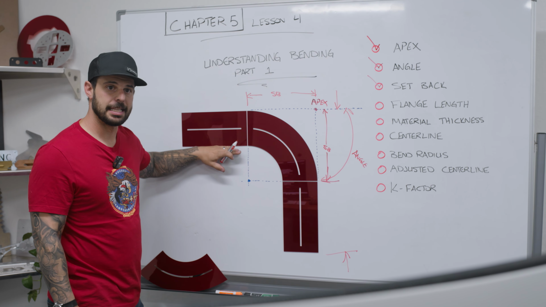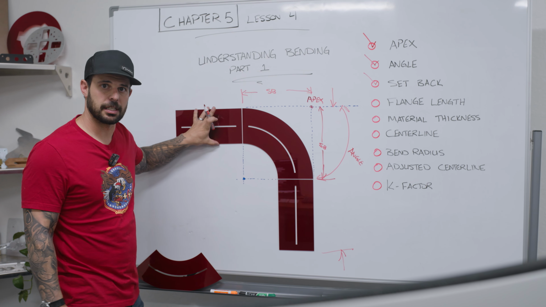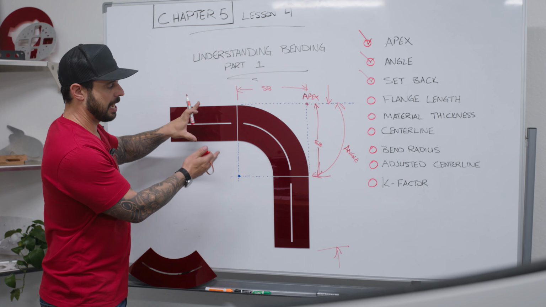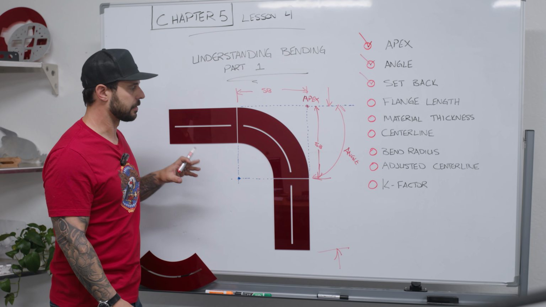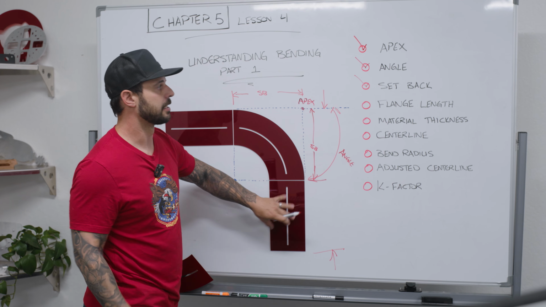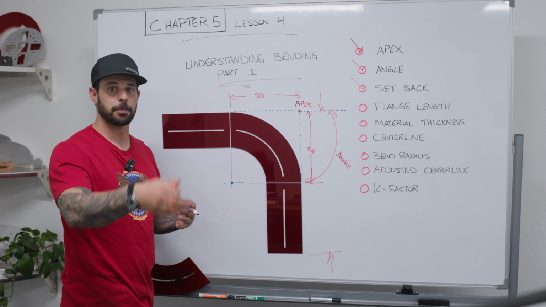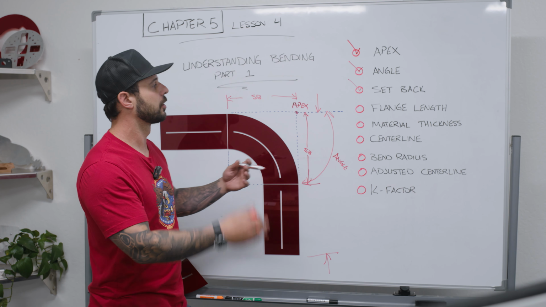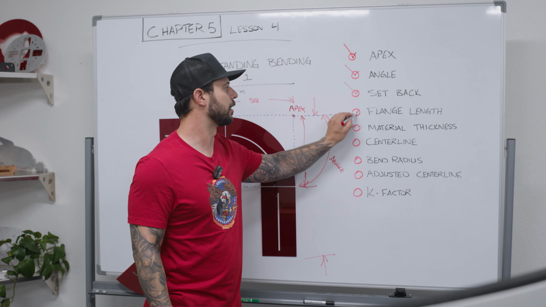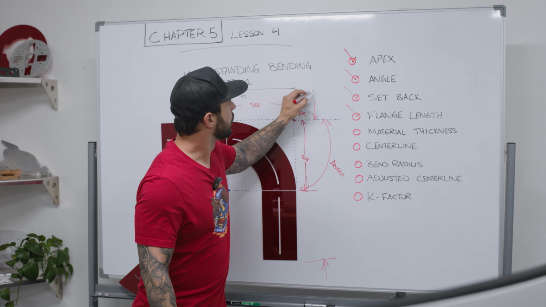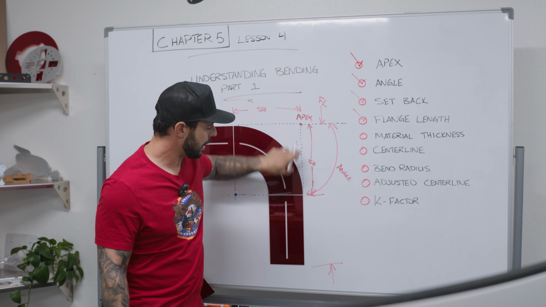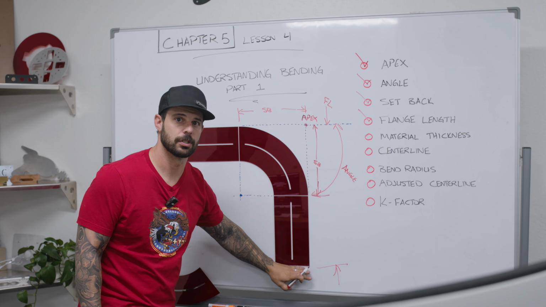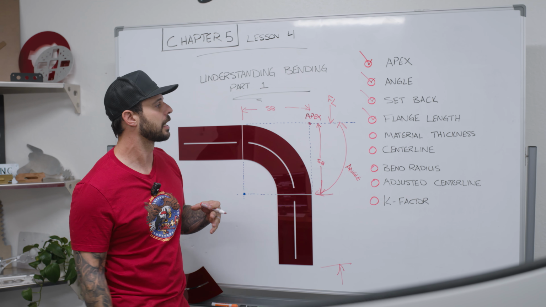If we measure it from the inside of our flange, we're going to have material thickness changing us, and we're going to end up having incorrect flange lengths calculated on the backside of this. Understanding this is also going to help make sure that your parts come out correctly and that you're getting the correct measurement on what you want from the manufacturer. So we'll call this FL here. And that's essentially apex, again, to the end of the flange. So that's just a really important clarification there.